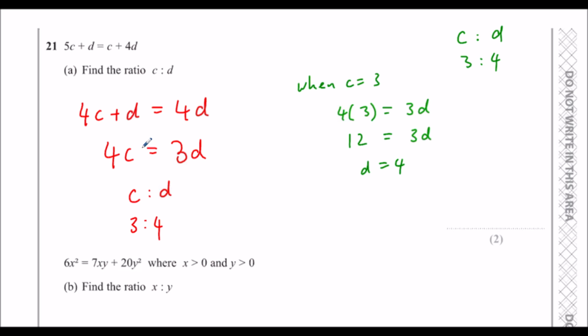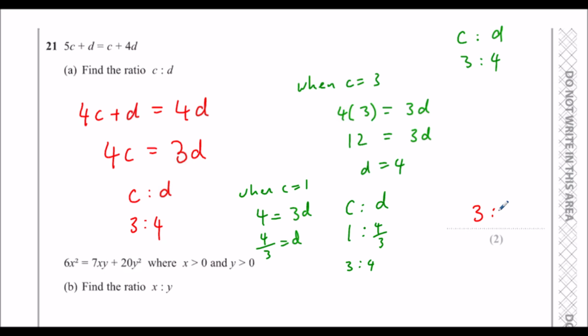Or if we said c is 1, when c equals 1, we'll have 4 times 1, which is 4, equals 3d. Divide both sides by 3, d is 4/3. So c to d is 1 to 4/3. And then multiply both sides by 3, we get 3 to 4 again. So the ratio of c to d is 3 to 4.